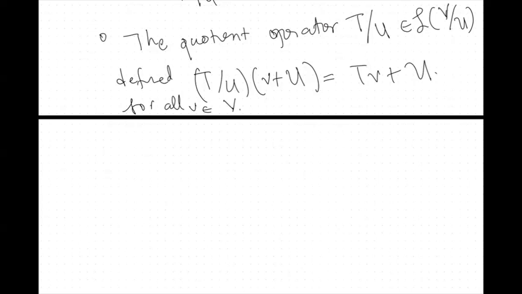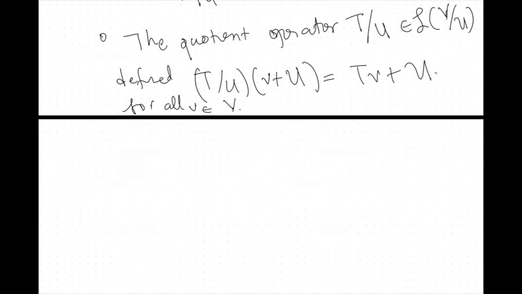So look at the domains and ranges of the operators. T here, the restriction map, is just restricted to U instead of V, and the other one is the quotient operator.